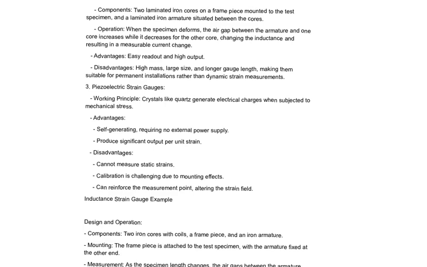The advantages are easy readout and high output. Disadvantages: high mass, large size, and longer gauge length, making them suitable for permanent installation rather than dynamic strain measurement.